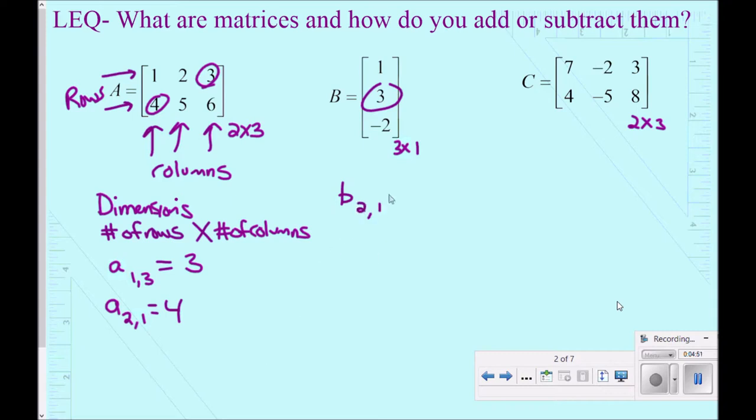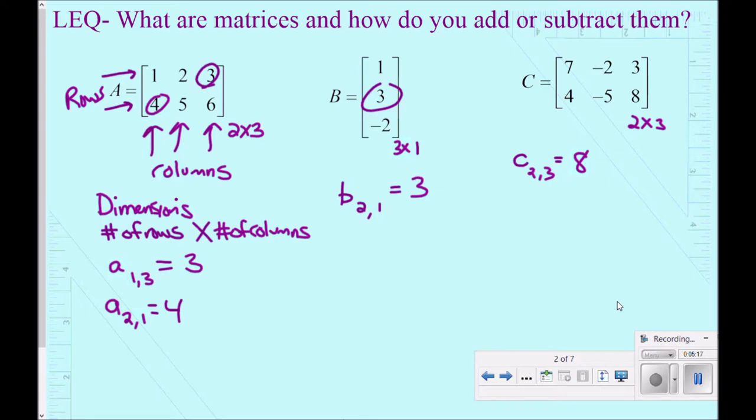So B2,1 is equal to 3. Lastly, if I ask you to find C2,3, you would go to matrix C, the second row, third column, that's 8. C2,3 is equal to 8. Okay, so that's dealing with dimensions and positions in a matrix.